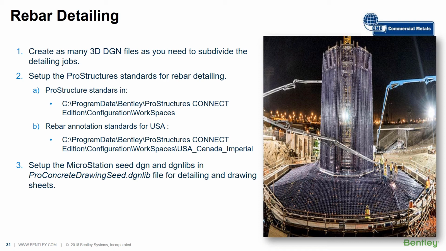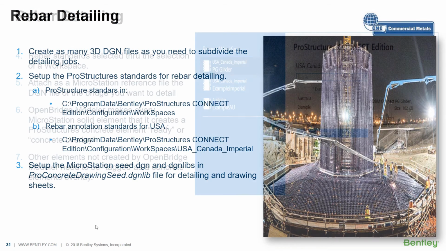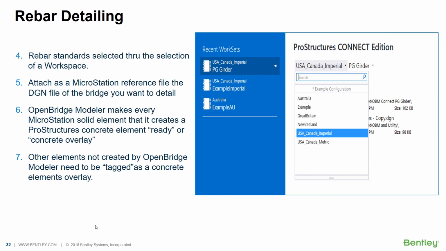So they are all referencing the same model, but they will just annotate pier by pier, for example. Also in ProStructures, you need to define the standards, right? So standards on how to label and what rebars to use in the US, imperial, metric, or depending on the state or the country that you're in, all these rebar detailing standards change.